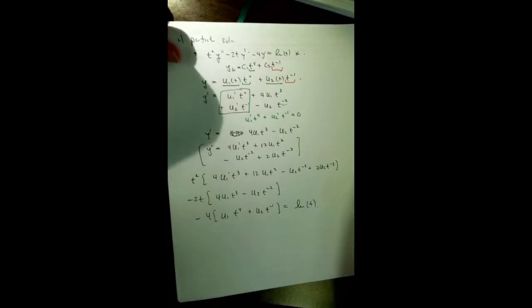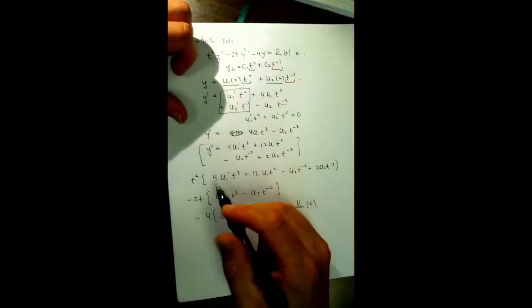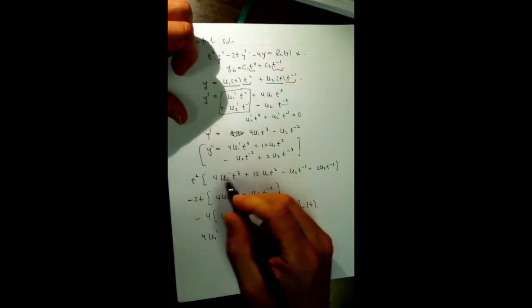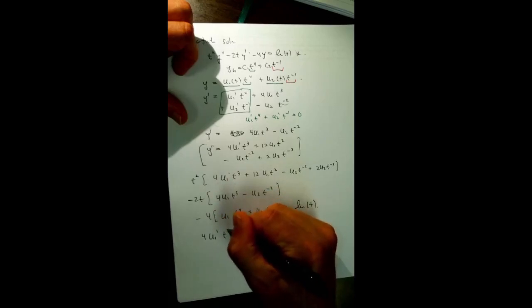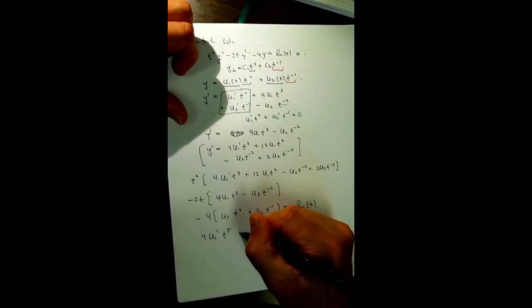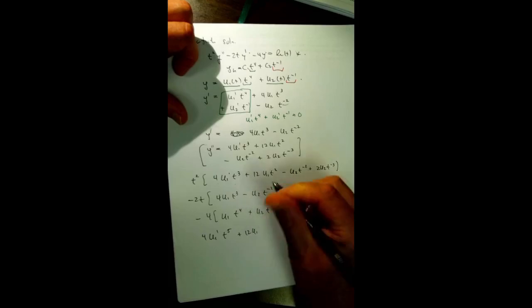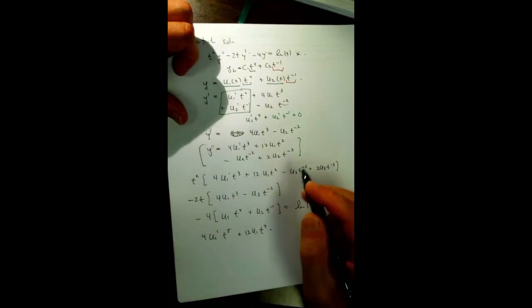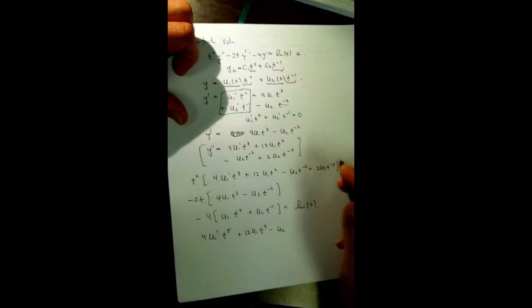Okay, so let's just expand all this out. For this term, it looks like 4U1 prime t squared times t cubed is t to the fifth. I'm going to have plus 12U1 t squared times t squared is t to the fourth. Minus U2 t squared times t to the minus 2 is just 1. Plus 2U2 t squared times t to the minus 3 is t to the minus 1.